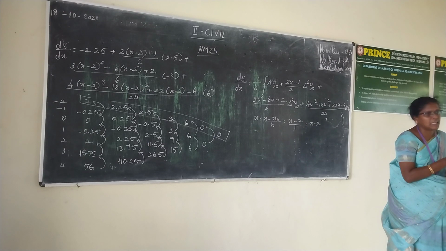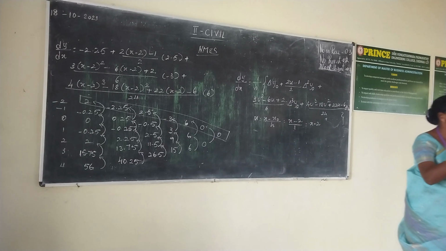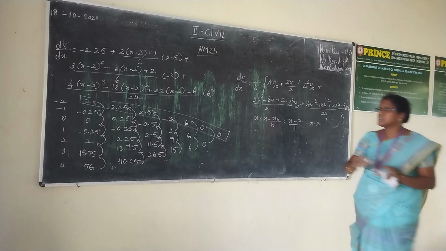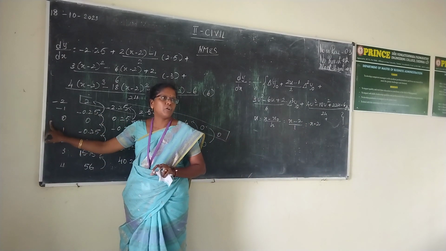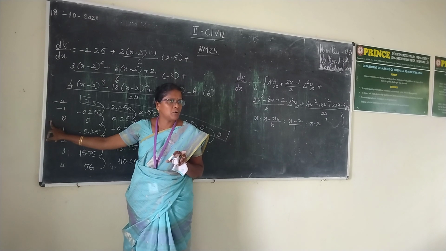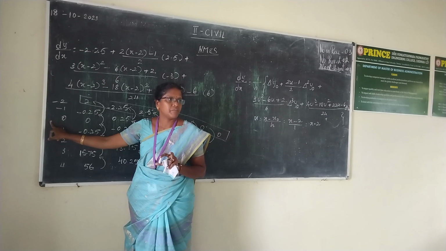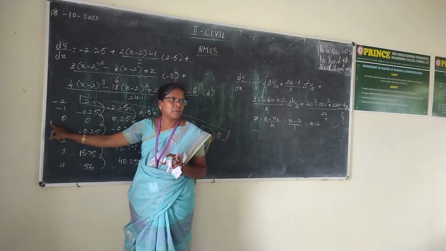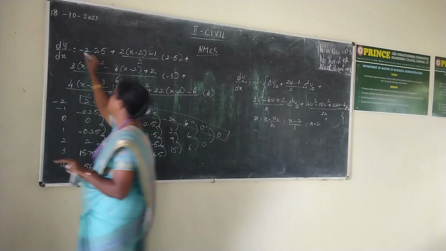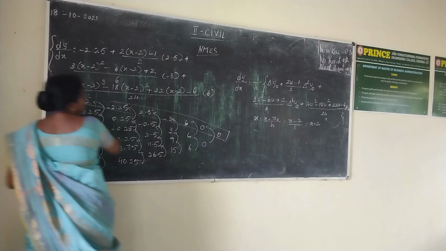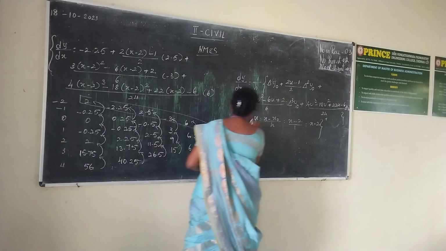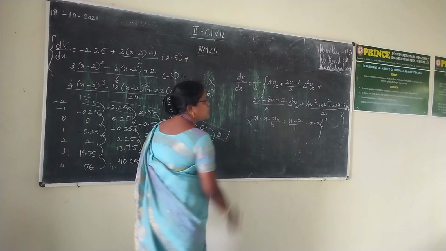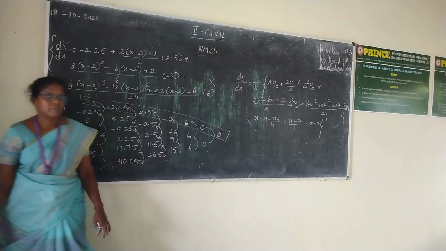If they ask otherwise, you shift the origin to the start of the positive values. So what is the value between positive and negative here? 0. So we shift our origin to 0 and then solve. You should not do this in your examination paper.